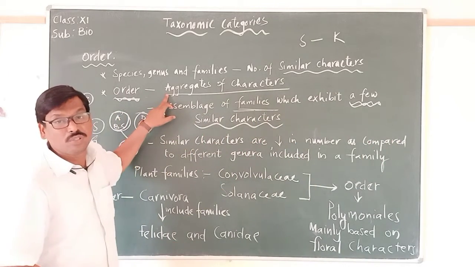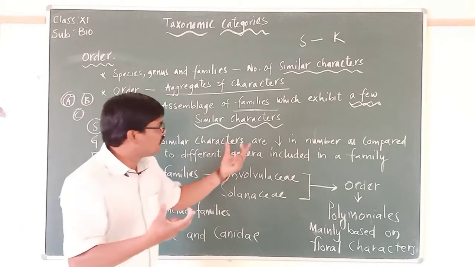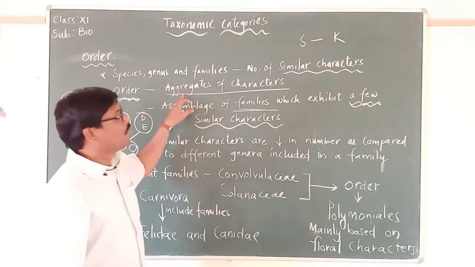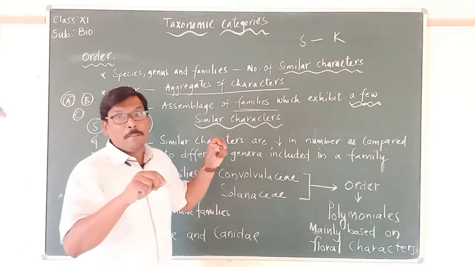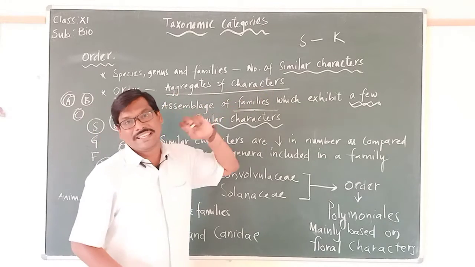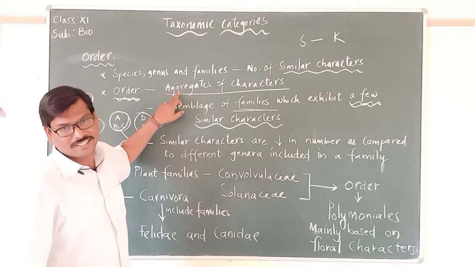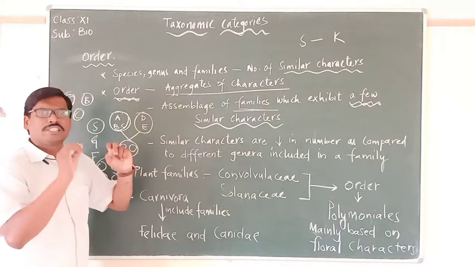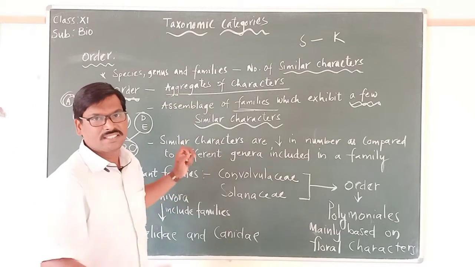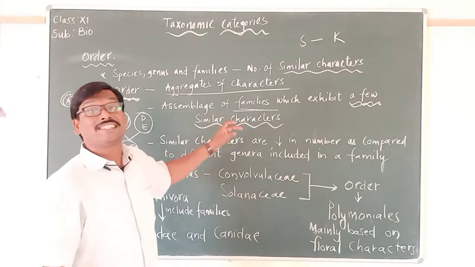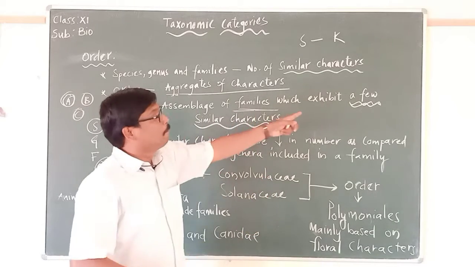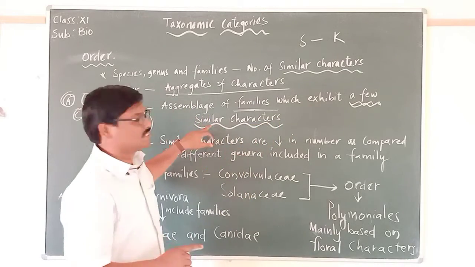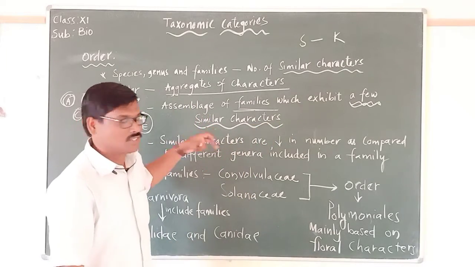So the order is based upon the aggregation of characteristics. The simple point to keep in mind is that order is nothing but an assemblage of families based upon a few similar characteristics.